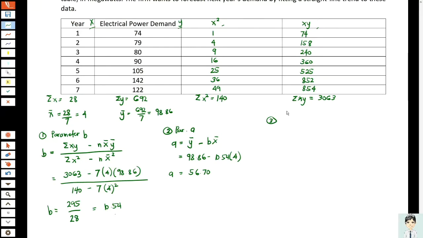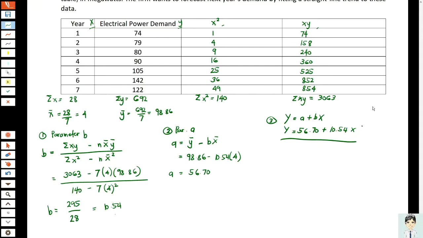Lastly, sa third step, diba, we have y is equals to a plus bx, diba? Y is equals to 56.70 plus, ano yung b natin? 10.54x. So may formula tayo ngayon na, o yung trend projection natin is y is equals to 56.7 plus 10.54x.